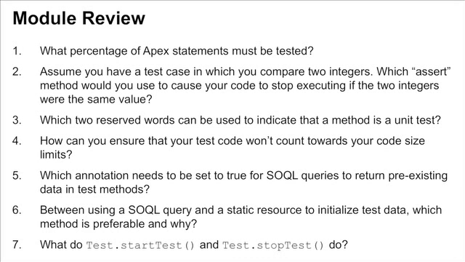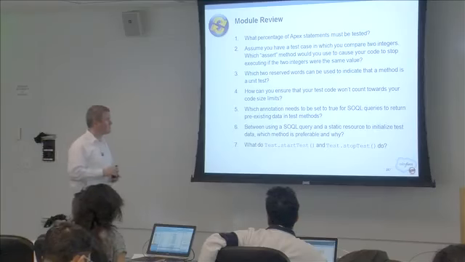So, between using a SOQL query and a static resource to initialize test data, which method is preferable and why? Specify mock data and then using Apex statements. Exactly, yeah. So utilize the mock data, and the reason is that we create universal tests that will be more consistent. Okay.